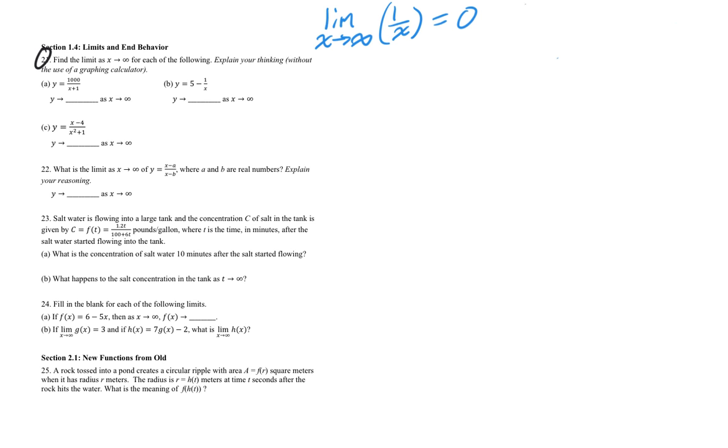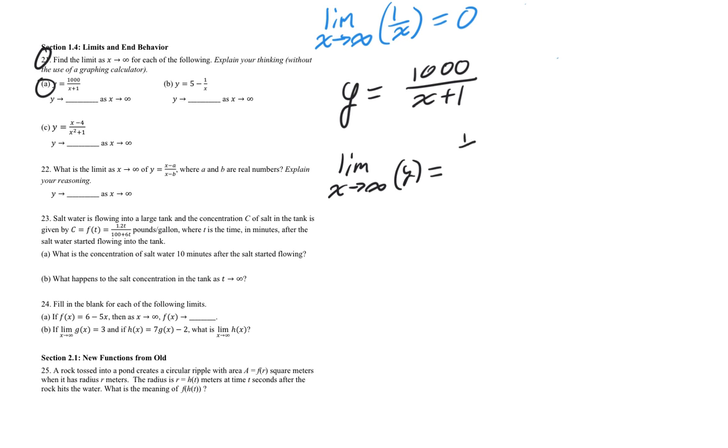So starting off with part A, we're told that y equals 1,000 over x plus 1. So when we're taking the limit as x approaches infinity of y, one thing we can do is multiply the numerator and denominator by 1 over x, which is our leading power.